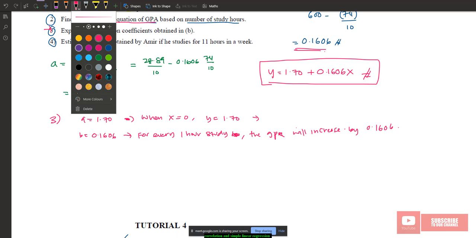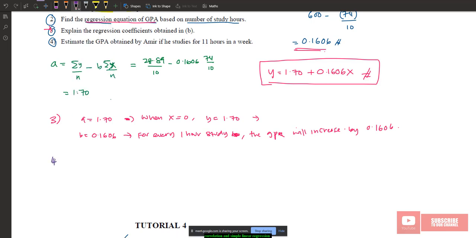And number 4, estimate the GPA obtained by Amir if he studied for 11 hours. So X equal to 11 hours, and we want to know what is the value of Y. What is the estimate of Y? So Y equal to 1.70 plus 0.1606x. We just substitute Y and X into the equation.